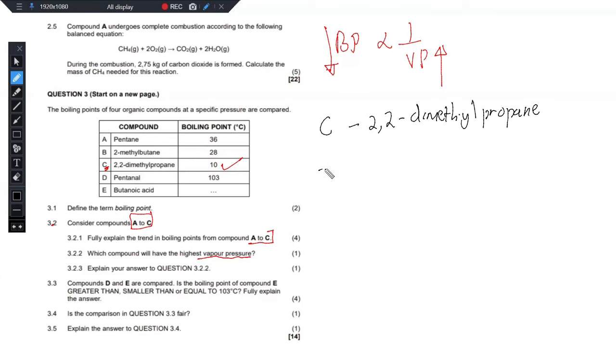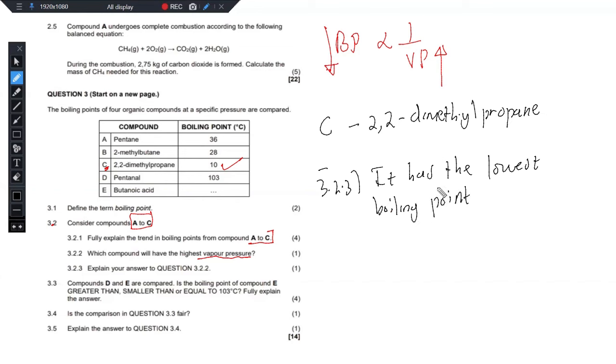So why? 3.2.3, it has the lowest boiling point, and therefore will have a higher vapor pressure because of the relationship. Boiling point is inversely proportional to vapor pressure.